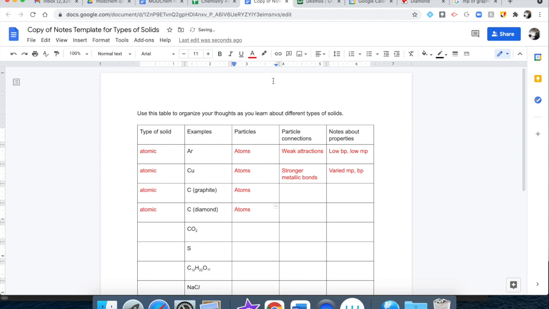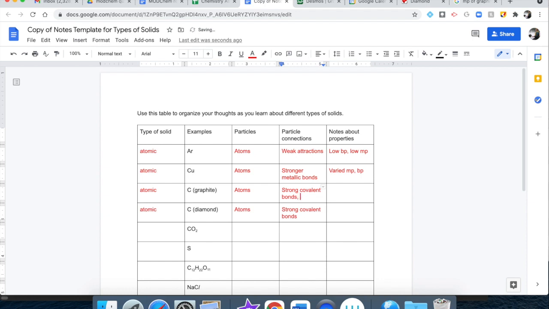So they're atomic solids. What are the particle connections? These are very strong covalent bonds. So those covalent bonds, that's the shared electron pair bonds. And that's true for both diamond and graphite.